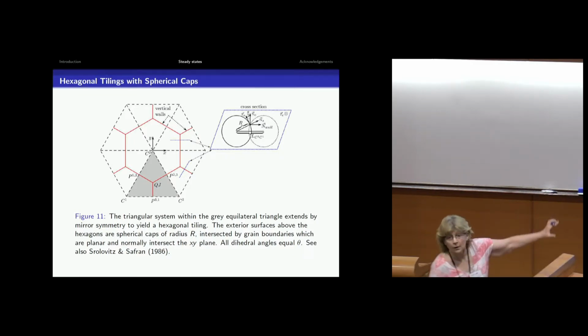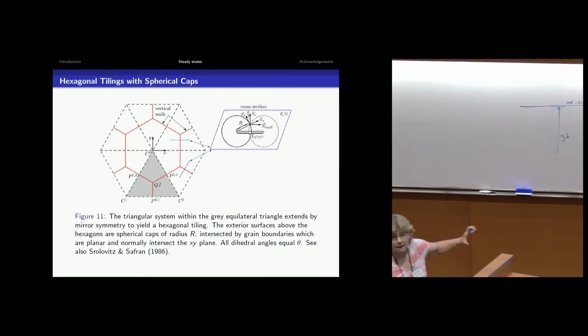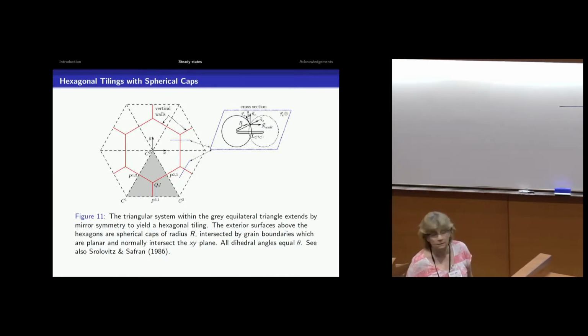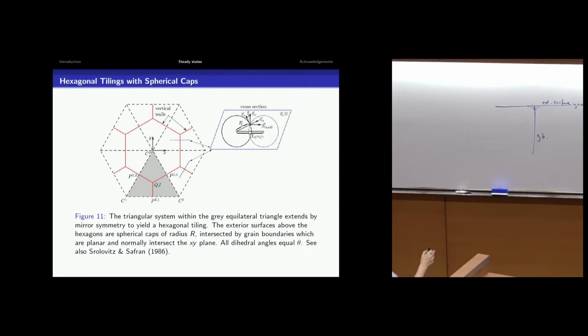that you could tile the whole plane with hexagons which weren't all the same size. But if you want to get a steady state, then in fact it turns out that they have to be the same size, and they have to have these spherical caps on top. So these are all spherically capped hexagons.